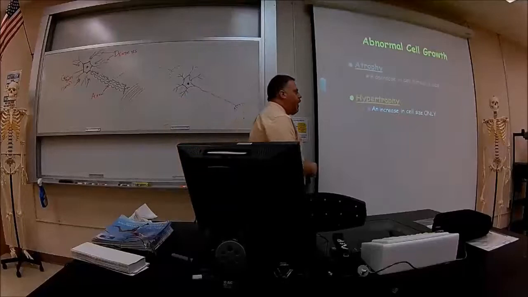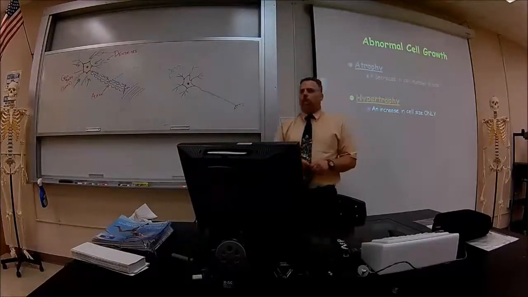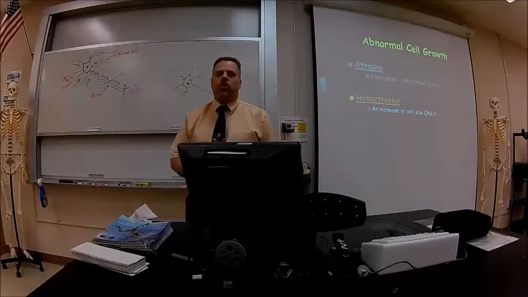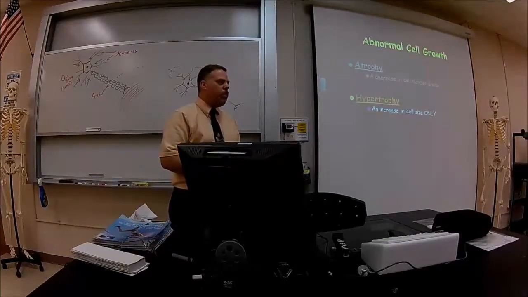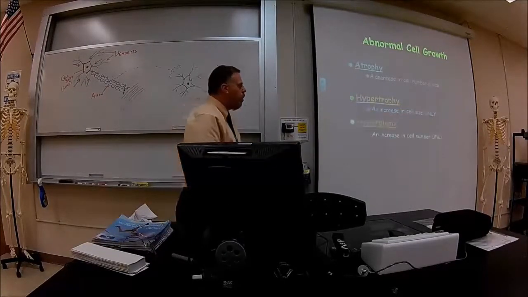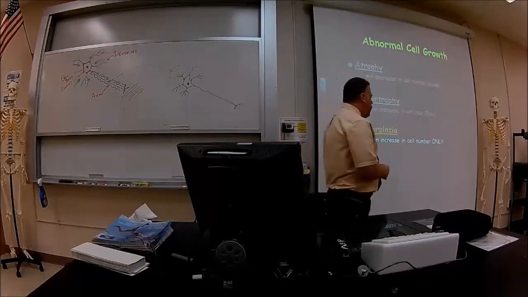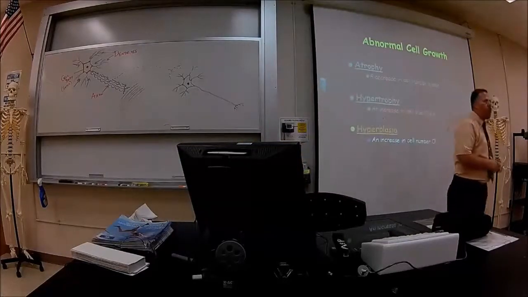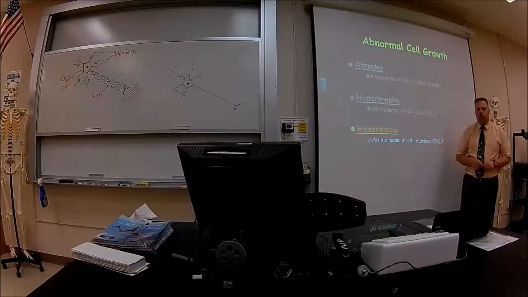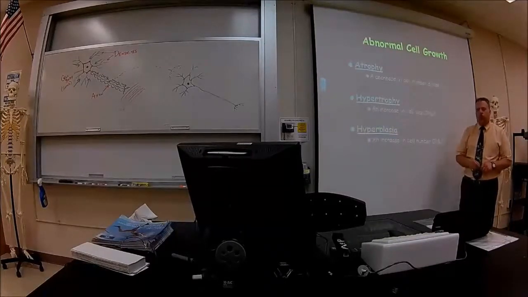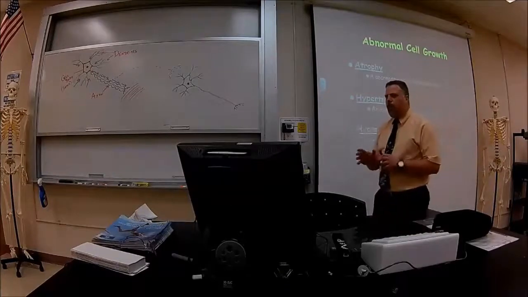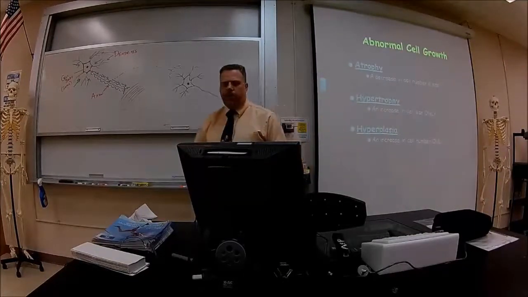This is when we have an increase in cell size only. You don't make more muscle cells when you lift weights. You make your muscle cells get bigger. Hyperplasia. This is an increase in cell number only. Alright? Now here's the other two that it's not hard to understand, but there's more to it.